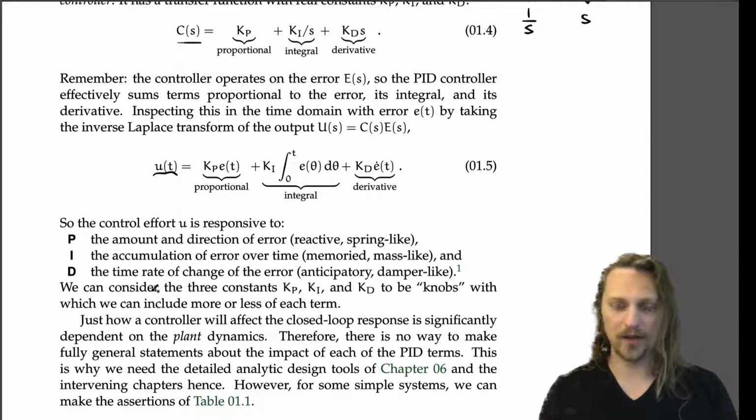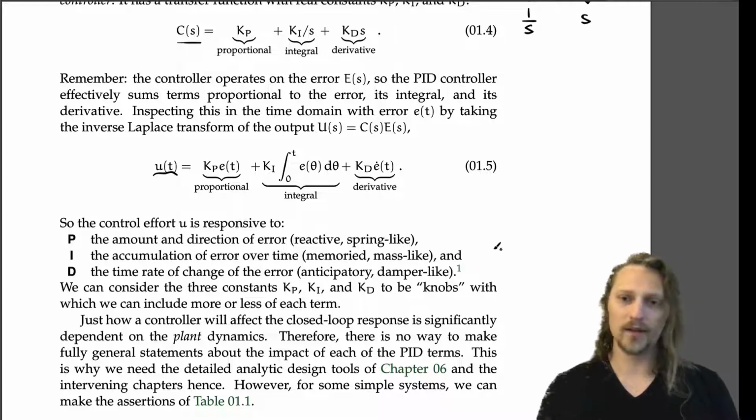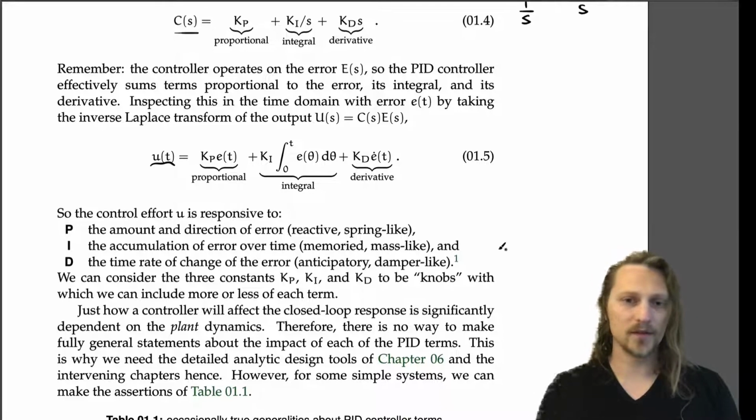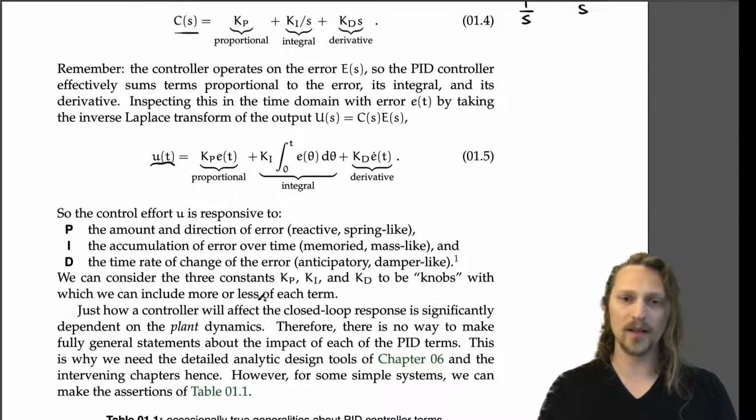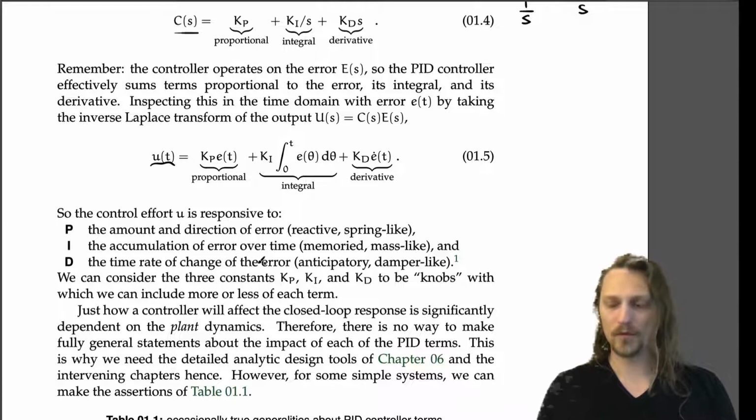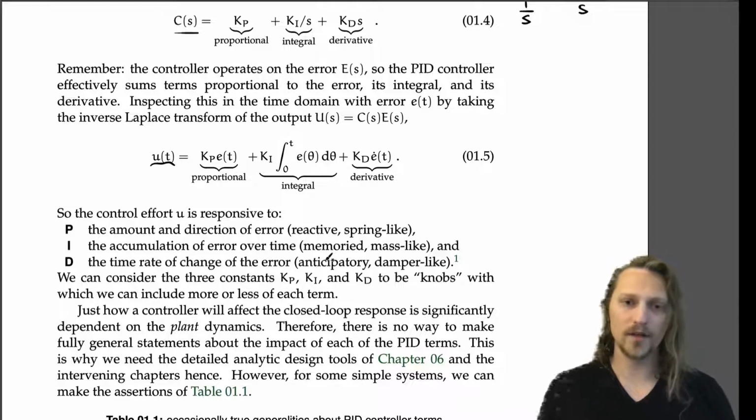For the mechanical analogs, the mass is maybe the least direct. And then finally, D, the time rate of change of the error, which makes it anticipatory or damper-like. So the D term responds to how the error is changing. So if the error is suddenly increasing or decreasing, the derivative term will get large.